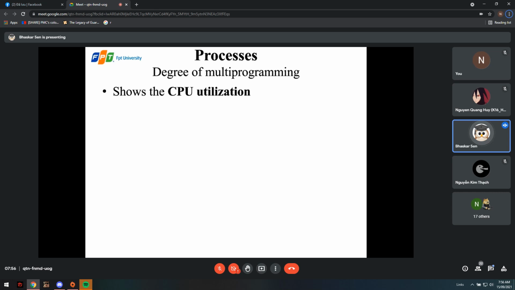That's called CPU utilization. In fact, CPU utilization is considered one of the most important criteria when it comes to evaluating the performance of a particular type of operating system.